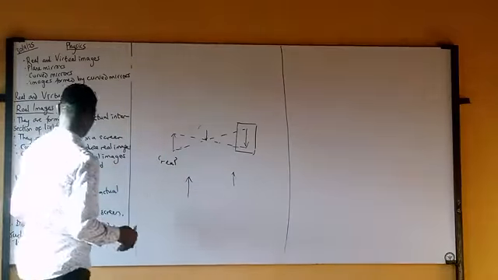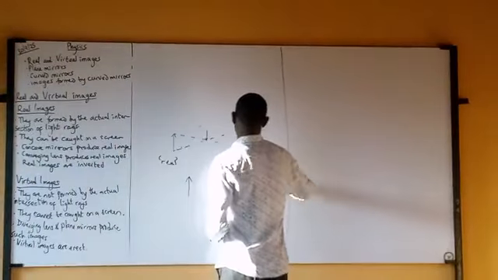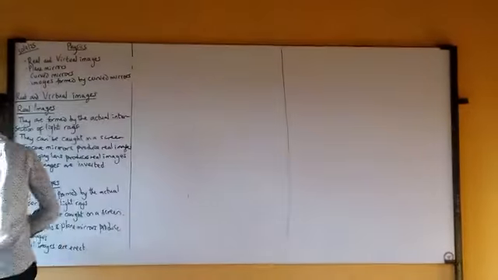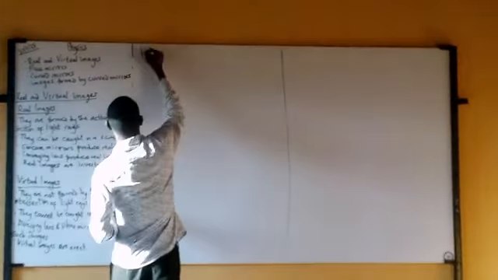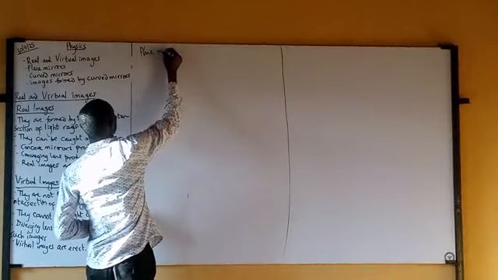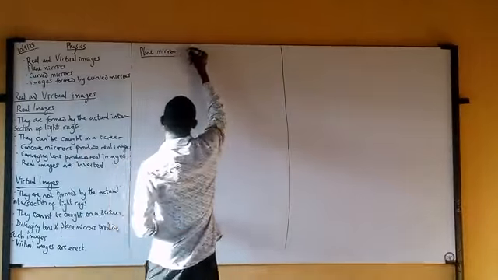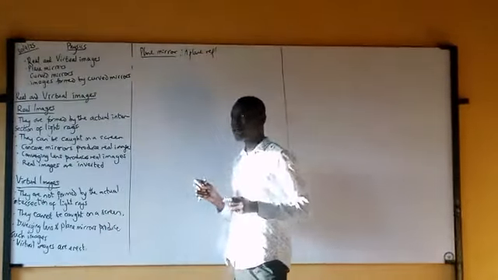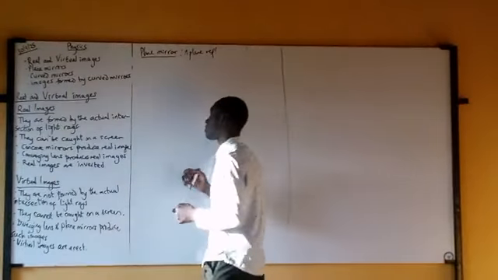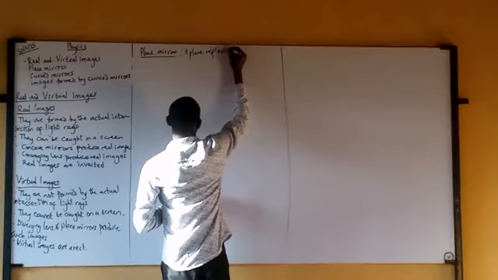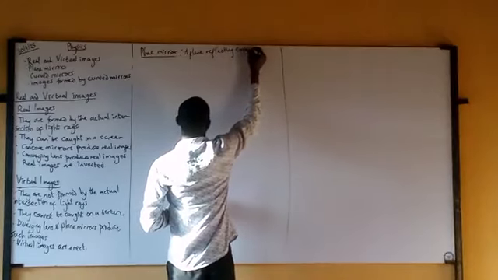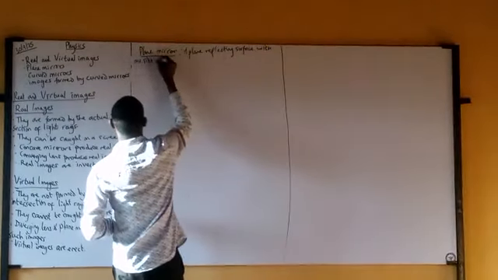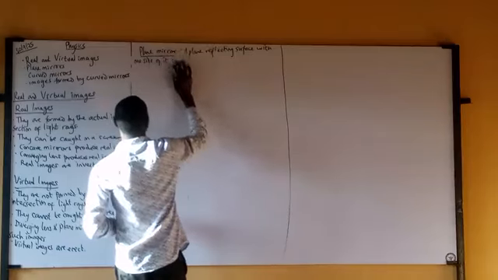Now let's discuss plane mirrors. A plane mirror is a reflecting surface with one side coated. A plane reflecting surface means it's not circular, not spherical, not oval, not elliptical, a plane reflecting surface with one side of it coated.